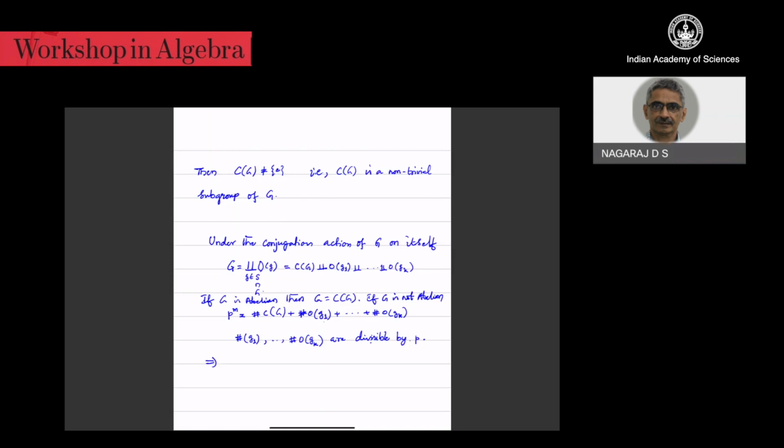So this will imply that p divides the cardinality of C(G).